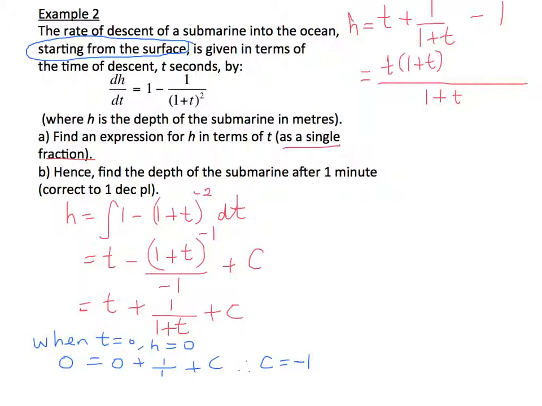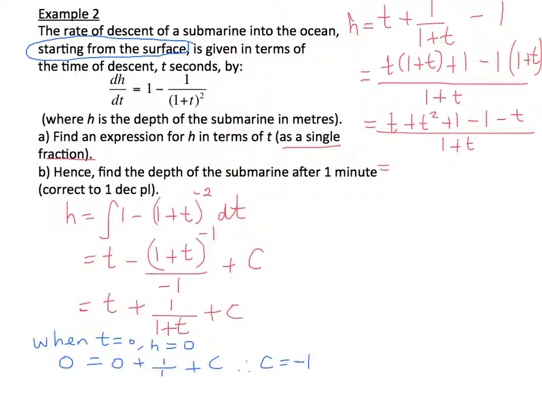Our middle fraction already has a denominator of 1 plus t, so we don't need to change the numerator. And our last term also needs to be multiplied by 1 plus t, so that has a denominator of 1 plus t. So expanding and collecting like terms in the numerator, we've got t plus t squared plus 1 minus t, all over 1 plus t.